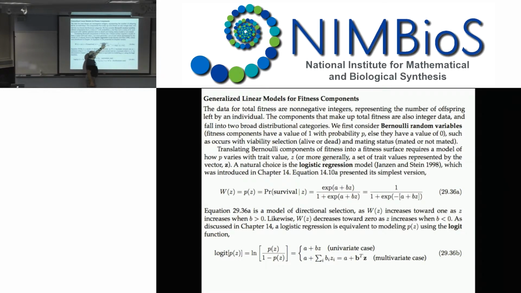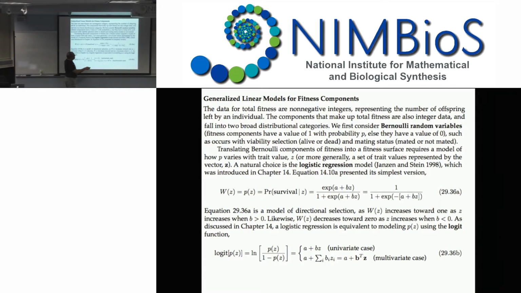Suppose my model is this. What I do is I take my trait value. I want to find A and B to curve fit my survival probability. And you'll notice here, this thing always lies between 0 and 1. If this exponential term is very large, that gives you 0.